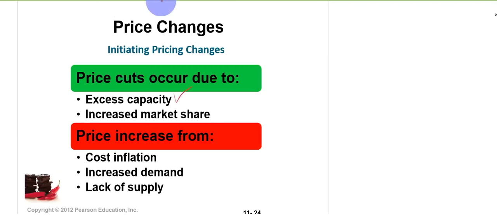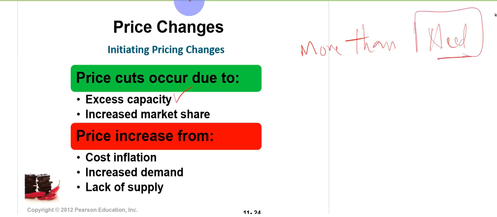Number one, when we have excess capacity, when we have something in abundance, more than what we need, then we will definitely have to reduce the price to sell our product. Number three, increased market share. In order to get increased market share, we have to decrease our prices.